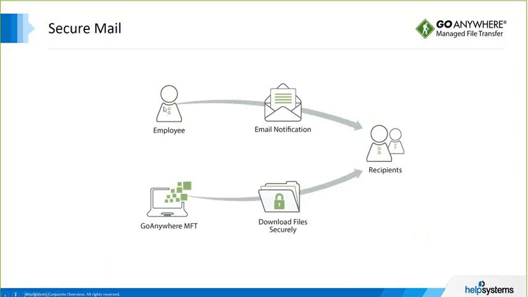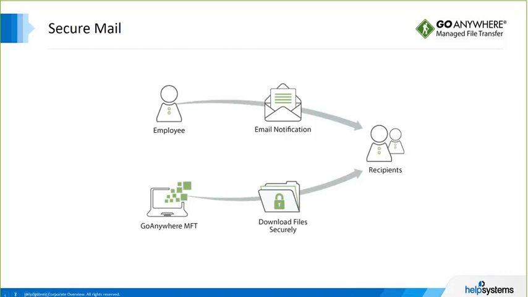So when an employee uses Secure Mail to send a file to a recipient, when that email is sent, it's actually sent through the GoAnywhere MFT server. The package or the file upload is going to be stored on GoAnywhere MFT, and it's going to be AES 256-bit encrypted, and an email notification is going to go to the recipient with a link to download the files.